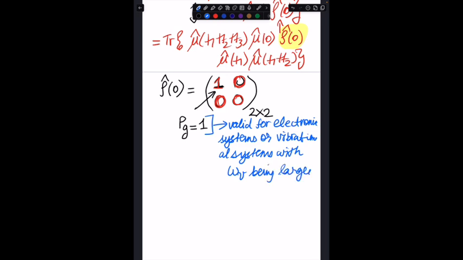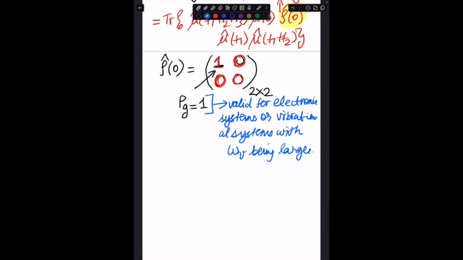The reason behind this is that the probability of your system being in the excited state scales with the Boltzmann factor, which is given by exponential minus delta Eg over the Boltzmann constant times temperature. So if this delta Eg in the case of an electronic system is very large, then obviously you will not see any excited state population.